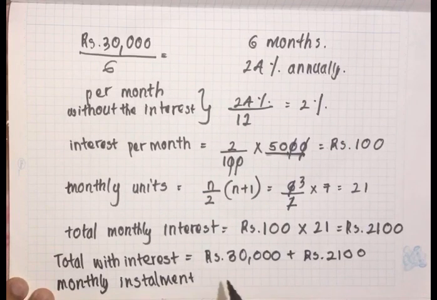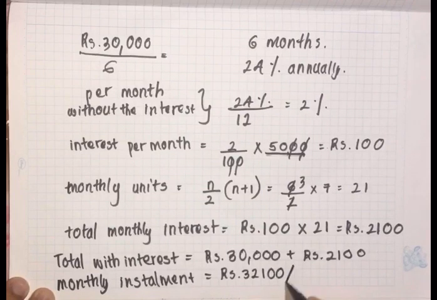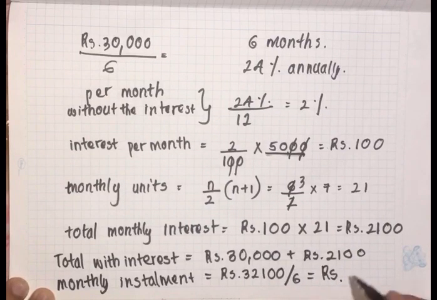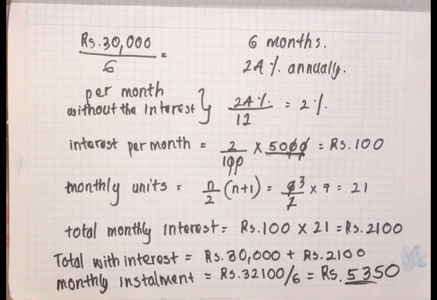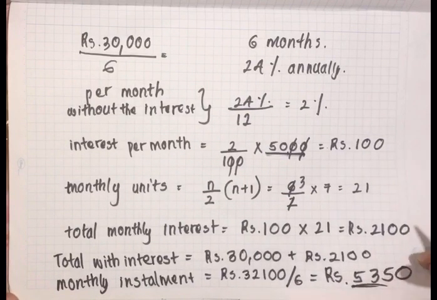What should you do here? You have to add both. That is 32,100, and you have to divide by 6. That is going to give you 5,350. Okay. I hope you are clear with this.